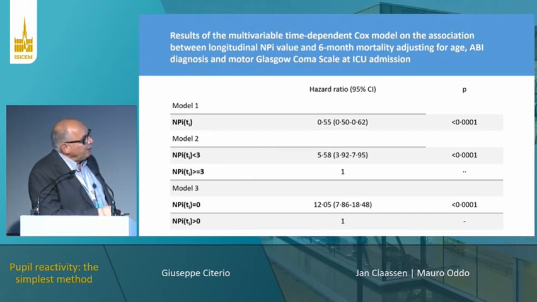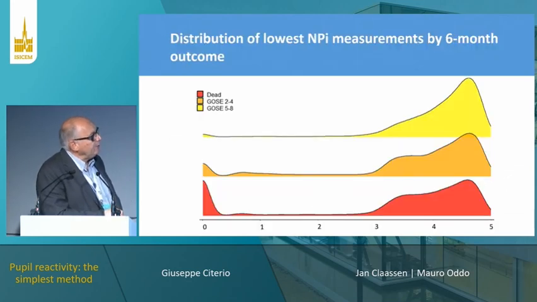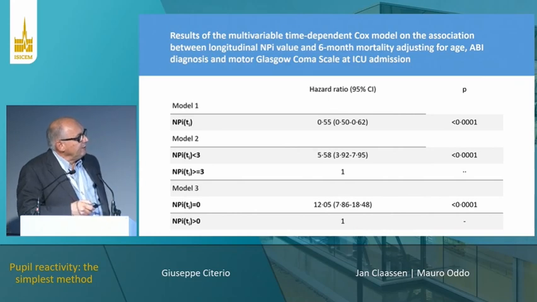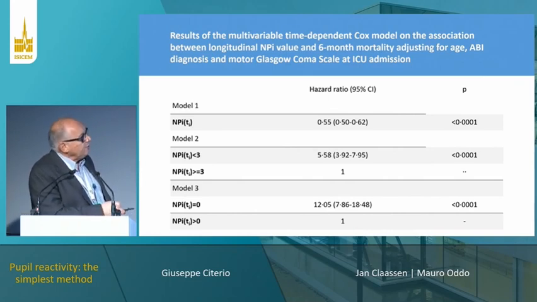Then being over or below the classical threshold of 3, that is the pathological MPI, and if you return back, you can see that most of the numbers are over 3, but around 15% of the observations are below 3. And as you can see, being over or below 3, the hazard ratio becomes much higher.